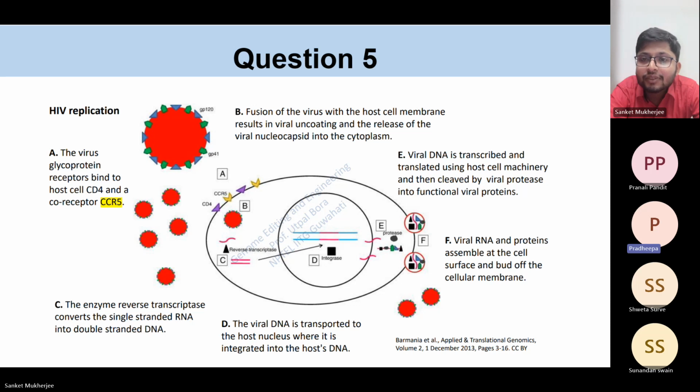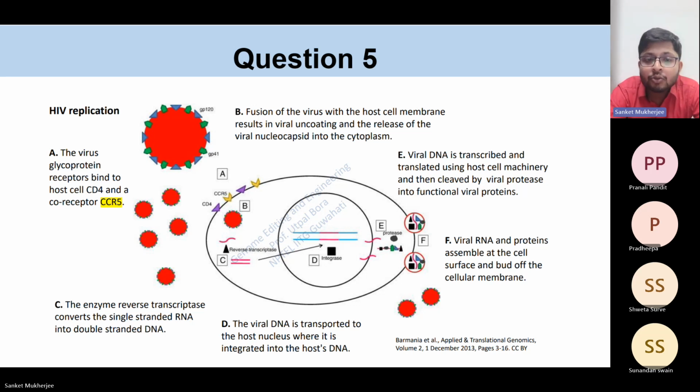T helper cells. TH cells, right? They have an immune function. So this virus binds to one of the receptors which is mainly present in the immune cells, that is the TH cells. It binds to the CD4 receptors, and the co-receptor is CCR5.